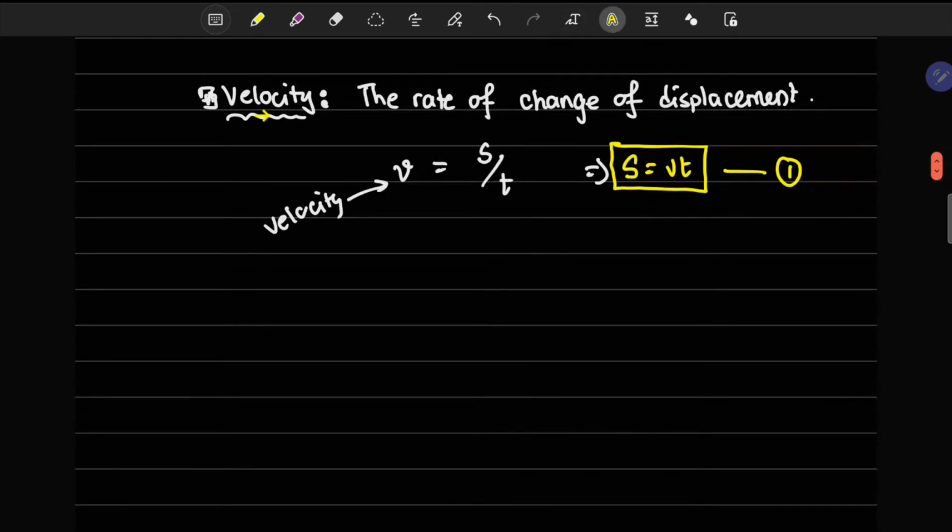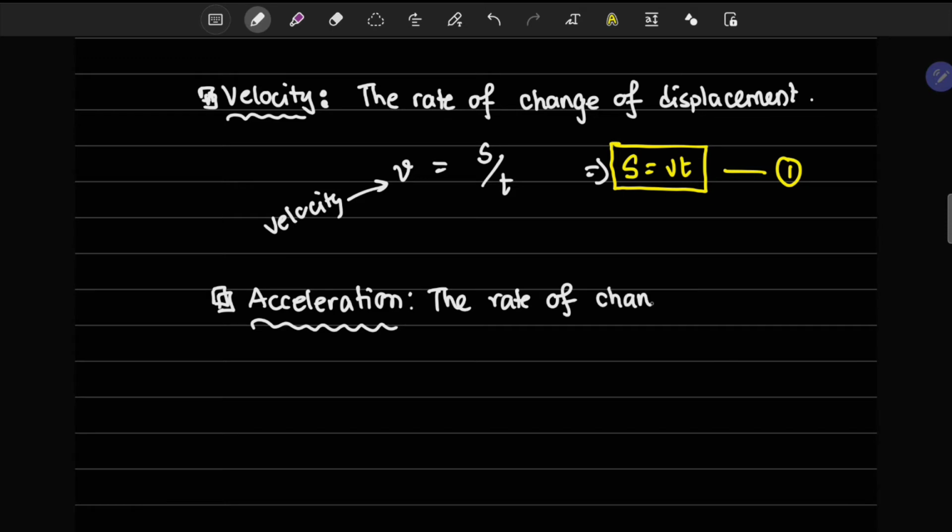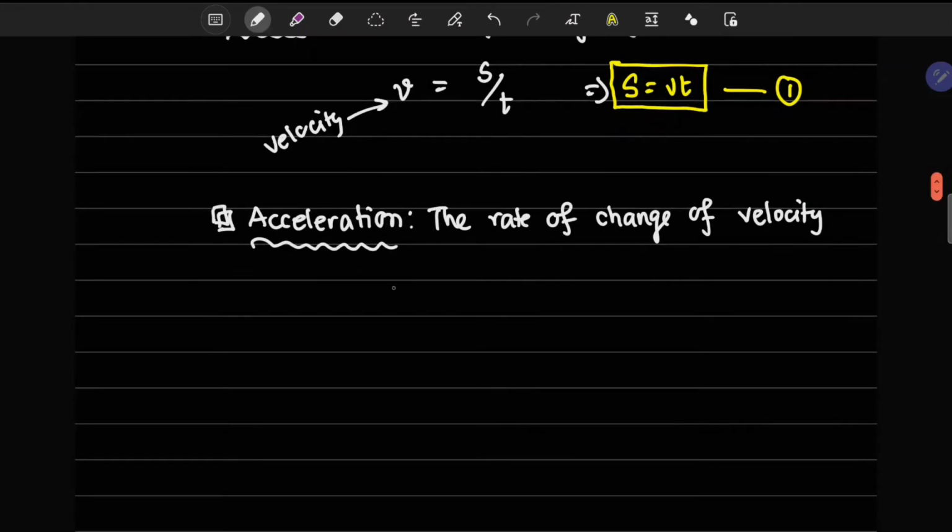Now, talking about the second equation of motion, we need to first talk about what is acceleration. Acceleration, by definition, is basically the rate of change of velocity, which means if acceleration is A, final velocity is V, and initial velocity is U, and it takes time t for the object to reach the final velocity V from initial velocity U, then this equation stands.